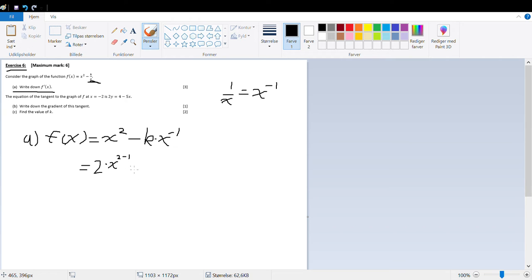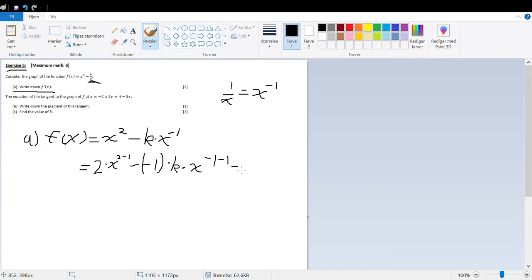But the next one would then be this k. You keep it because it is a constant. This is just a number. We don't know what number, but it's not anything that changes, so we don't have to do anything about it. We just keep it. And then we must bring down a minus 1 from x, then times k, and times x to the minus 1 minus 1.